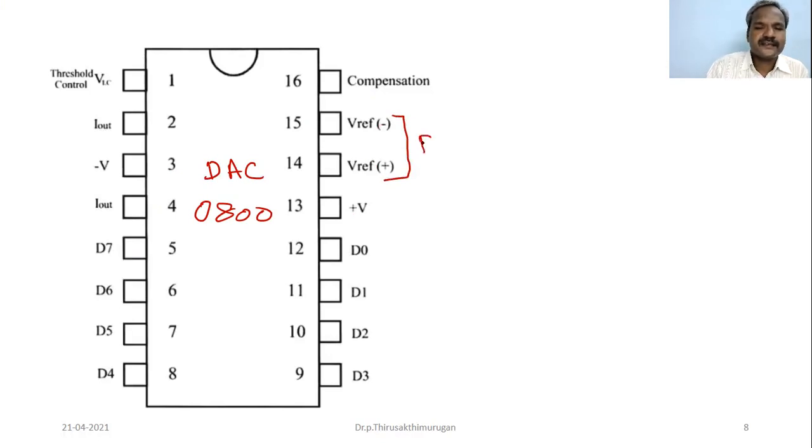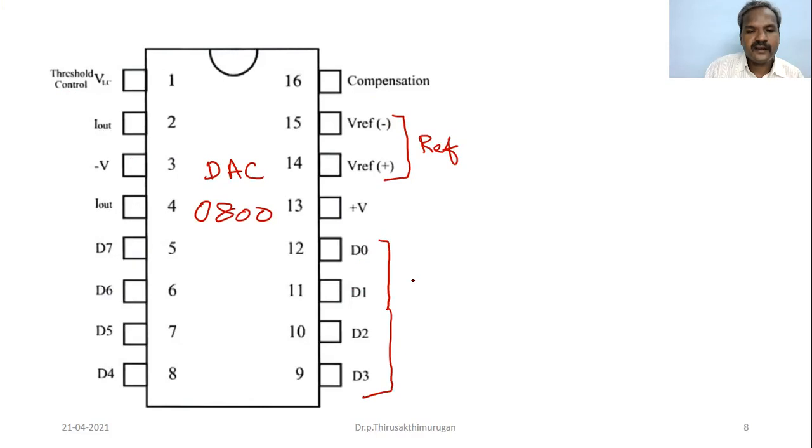So this is the reference. Then this is the supply voltage, plus V and minus V. Then this is the threshold, this is compensation. So digital input D0 goes to digital input.